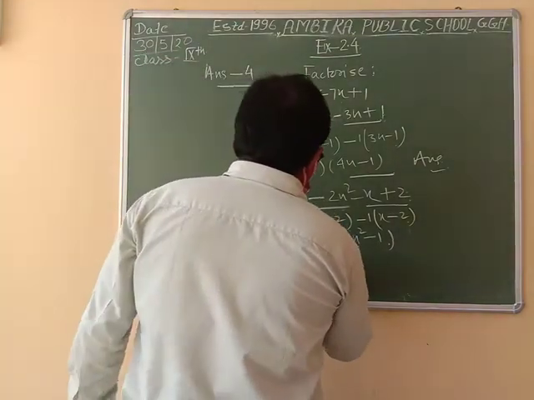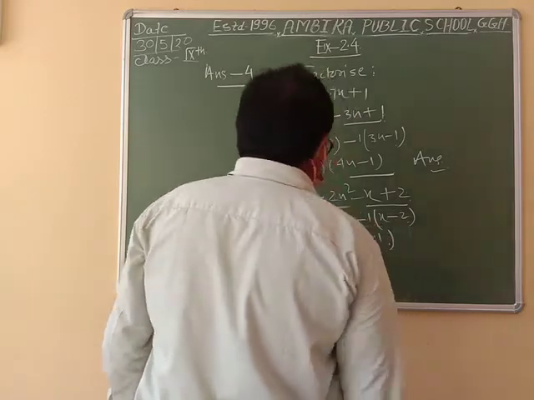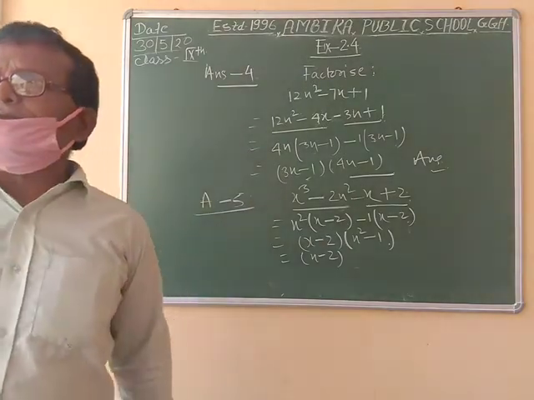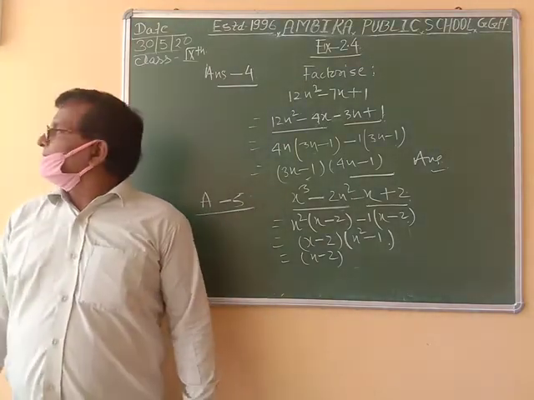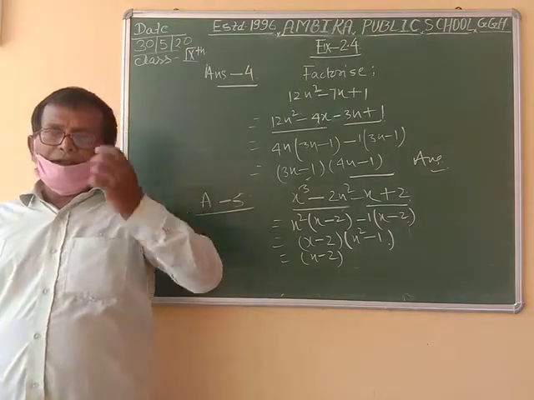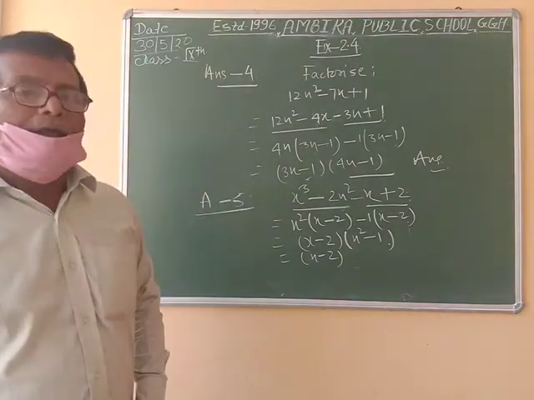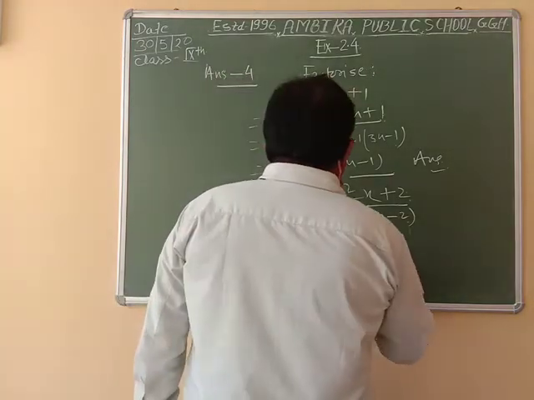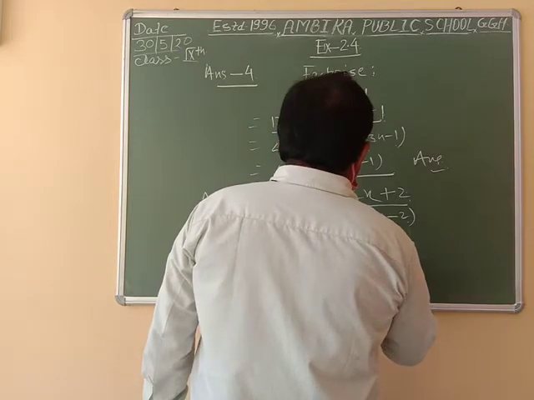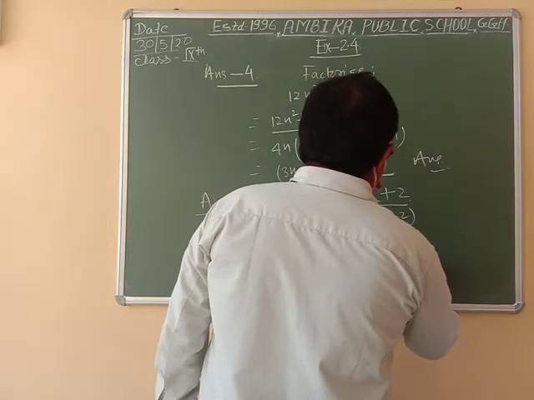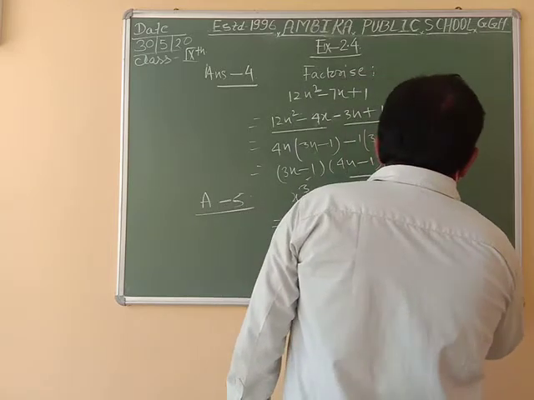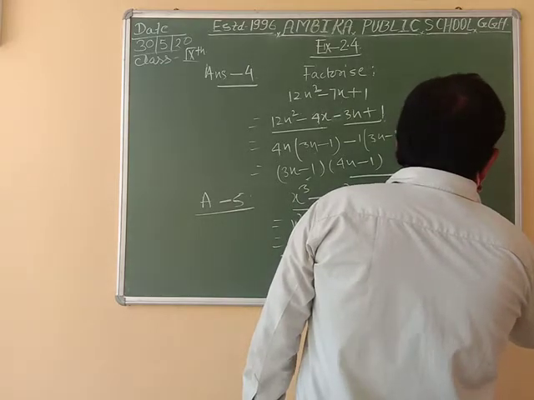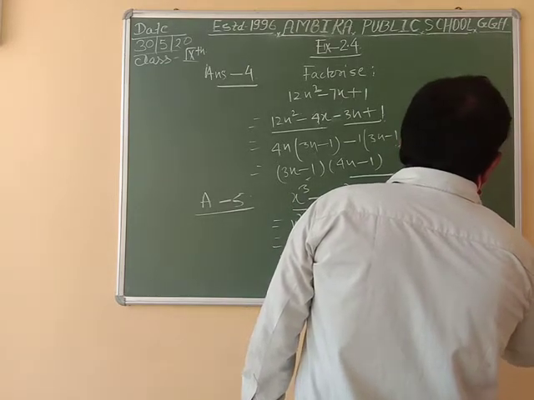Now we factorize x square minus 1 using the formula a square minus b square. We have read before that a square minus b square is equal to a plus b into a minus b.